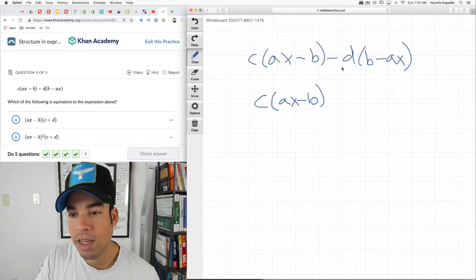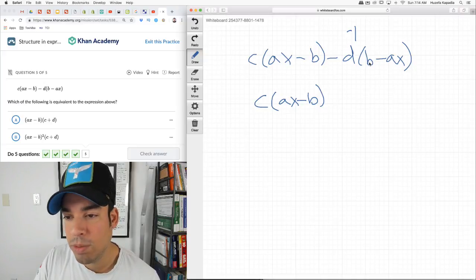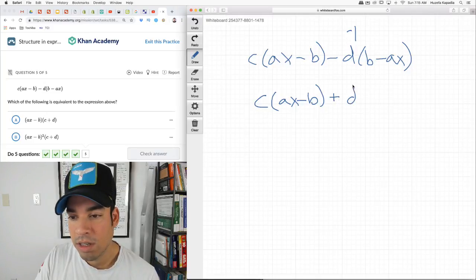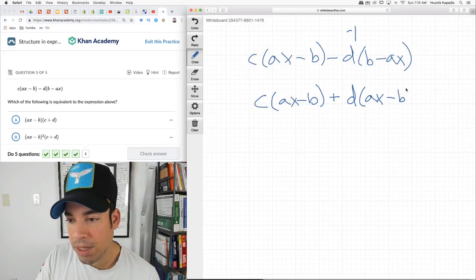And then factoring a negative out of this, imagine if I pulled a -1 out of this expression. To make it the same, this would be negative, this would be positive. You see how it flips, right? Negative times that, negative b, positive ax, which is the same as this. But pulling a -1 out, interacting with that minus, they cancel each other out. And now it's plus d times ax minus b.